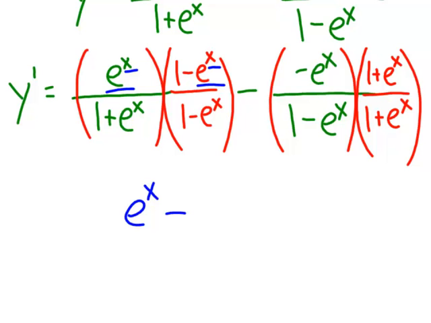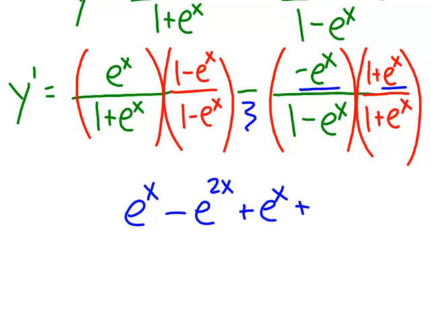So x plus x will give us 2x. Okay, minus negative e to the x times 1, which is plus e to the x. And finally, minus negative e to the x times e to the x, which again will give us plus e to the 2x.